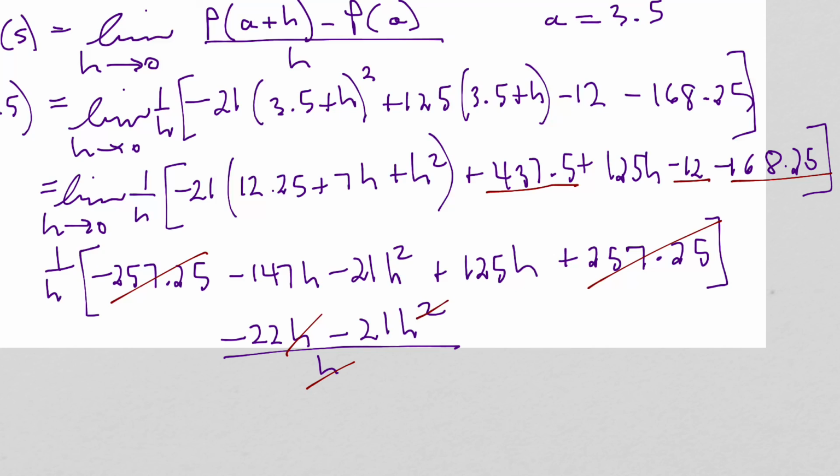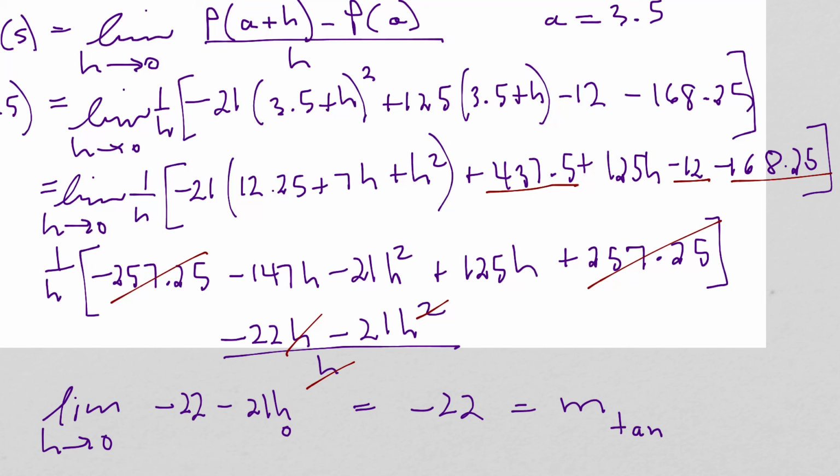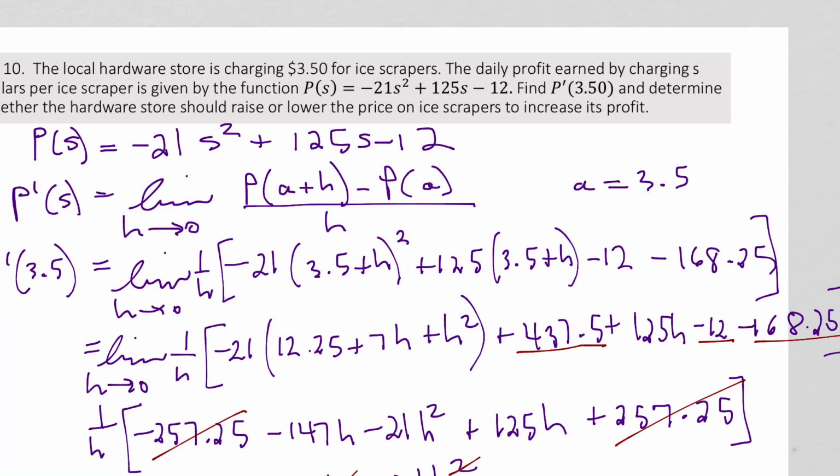Alright, so I can take the limit of this now of negative 22 minus 21h. So I'm just going to substitute 0 in for h, and I'll get negative 22. So this is the slope of the tangent line at $3.50, which is the price of the scraper.